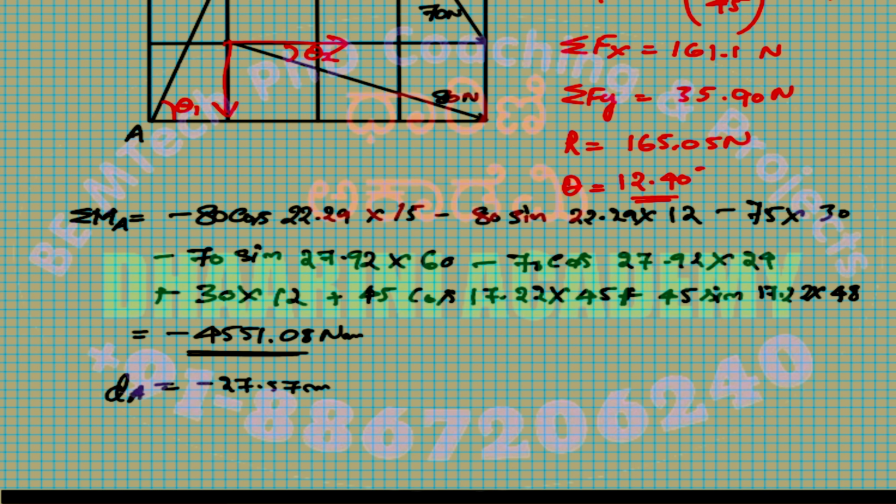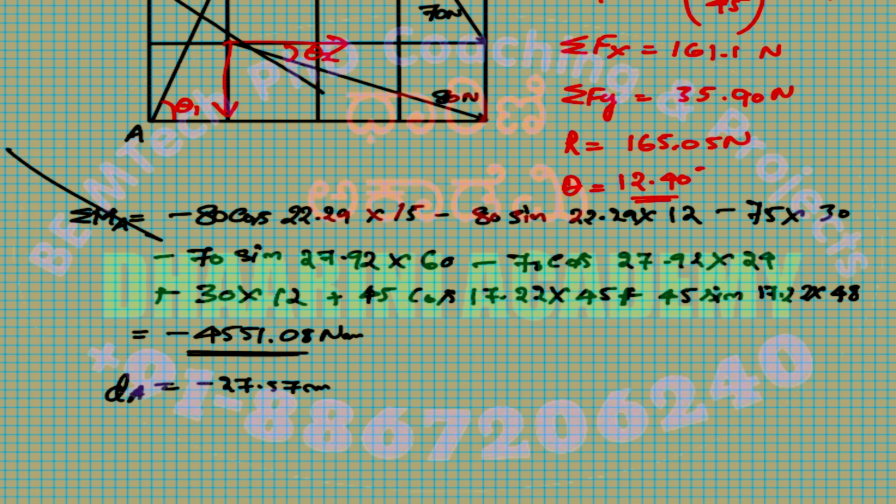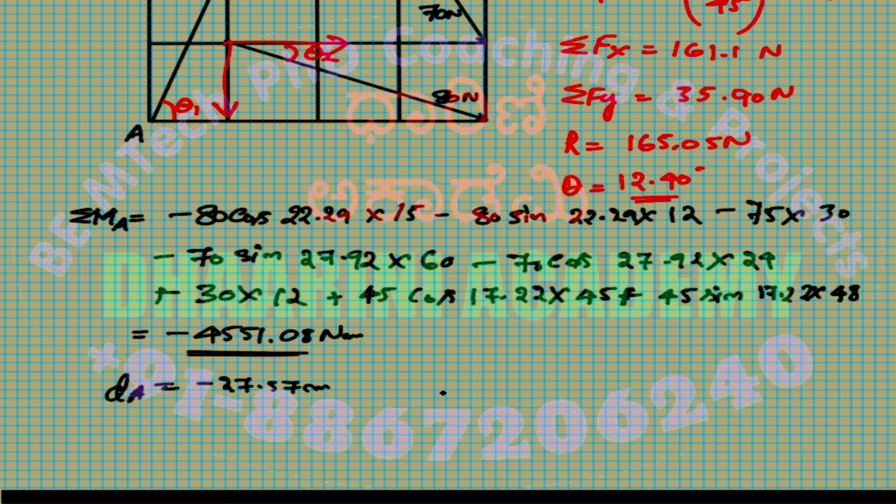The negative indicates it is actually outside the plane. It's not inside this, it's somewhere outside. That's fine. X-intercept equals 77 meters. You can see that this comes on the other side, on the negative X-axis somewhere here. That's why it is outside.